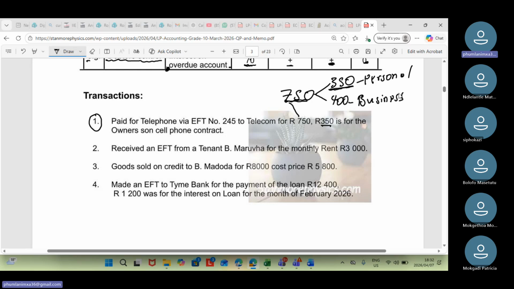So on the accounting equation, guys, we're paying for an expense, but we're also paying for the owner's son's cell phone contract. Just want you to think about it. How are we going to treat this transaction?